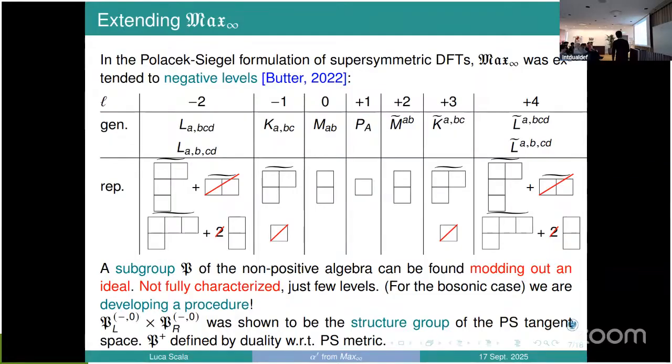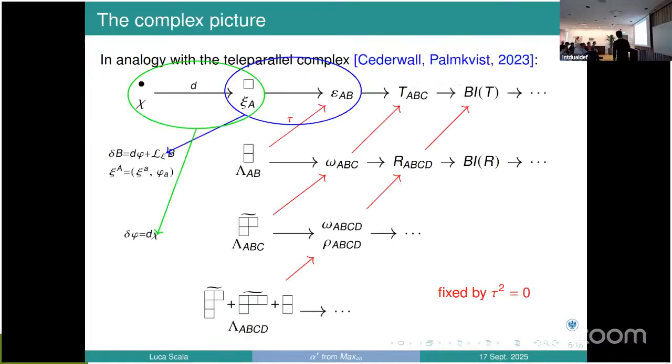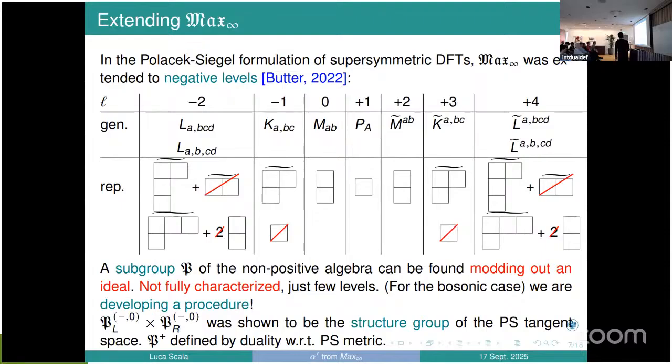Essentially, you fix this positive part, because these representations here are exactly the ones I was writing here. By tau square, you fix the positive part. By the Polaczek-Siegel metric, by dualization, you define the negative one, and the negative one defines the structure group of this Polaczek-Siegel tangent space.